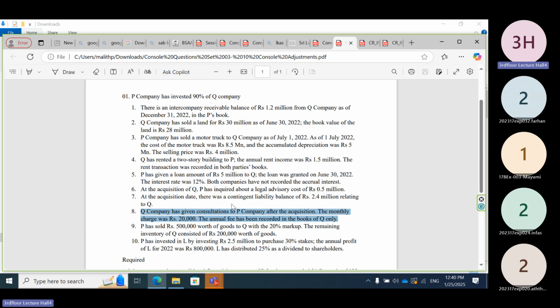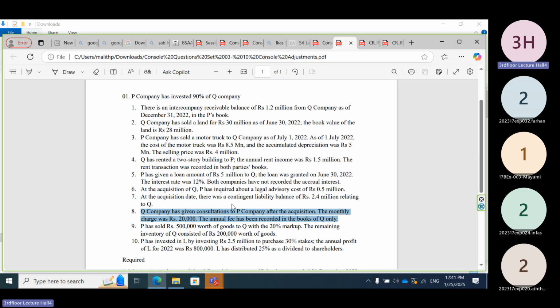But the parent company has not recorded the income. Why? Because it has already considered this a subsidiary, so it has identified that as not an income. Once you are doing your consolidation, you have to eliminate this entry.